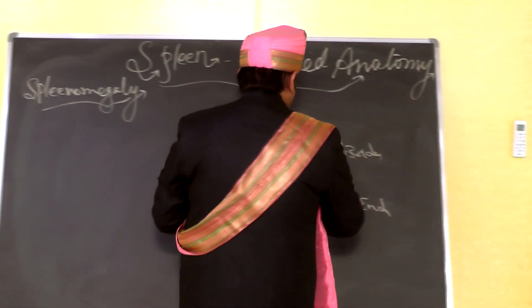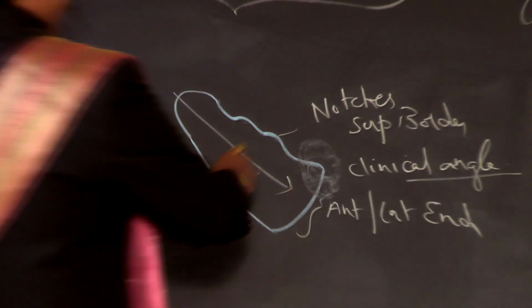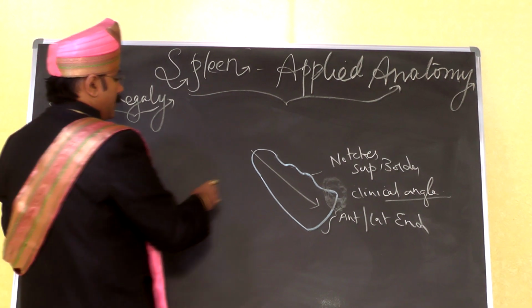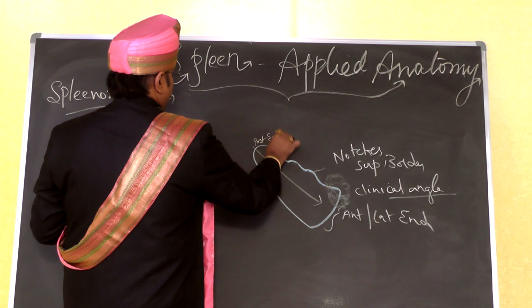Are you understanding? We can also palpate the notches lying along the superior border. Here you see the posterior end of the spleen.